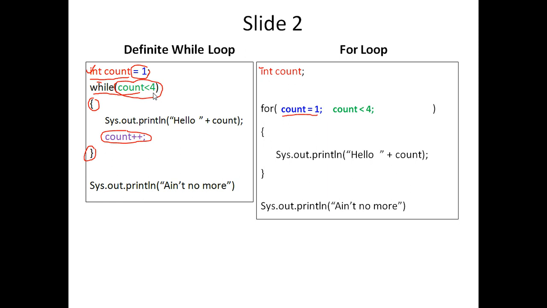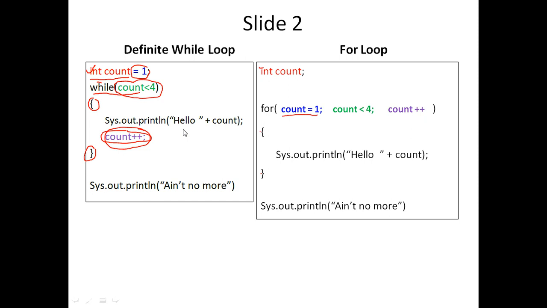So that's there. Then we have the place where the control variable is altered. And so that's going to also be inside the parentheses. So you can see it's the same thing, only it's a different arrangement. And then of course you have the 2 braces, just like the definite while loop.